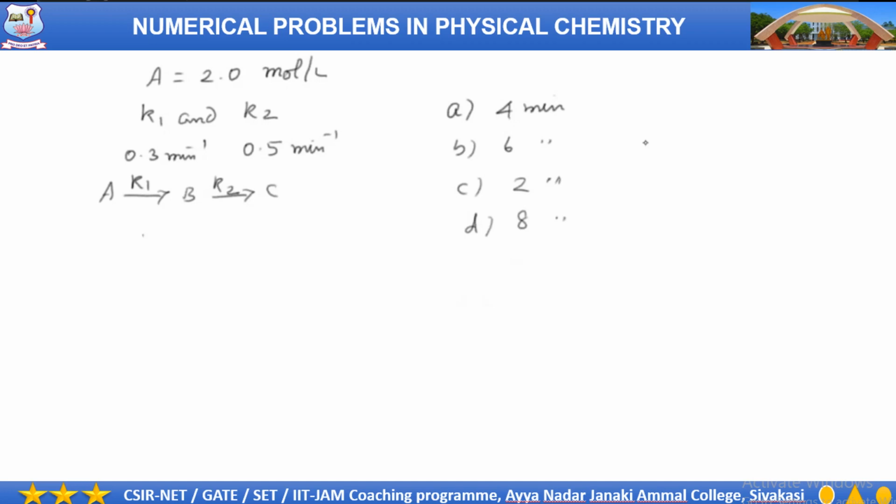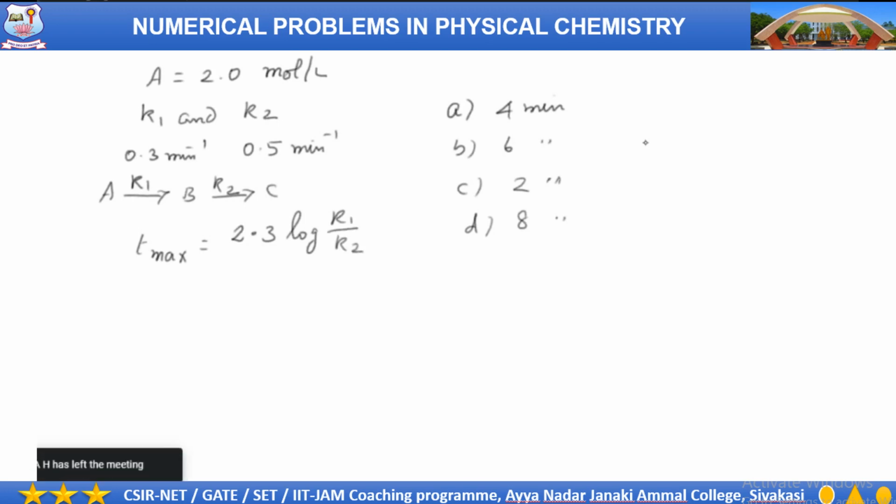T max is given by the equation T max is equal to 2.3 into log of K1 by K2, divided by K1 minus K2.